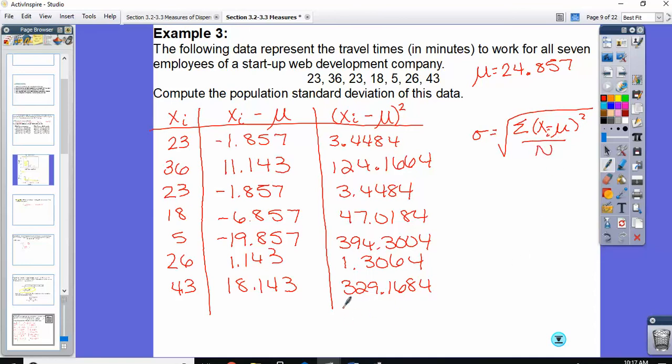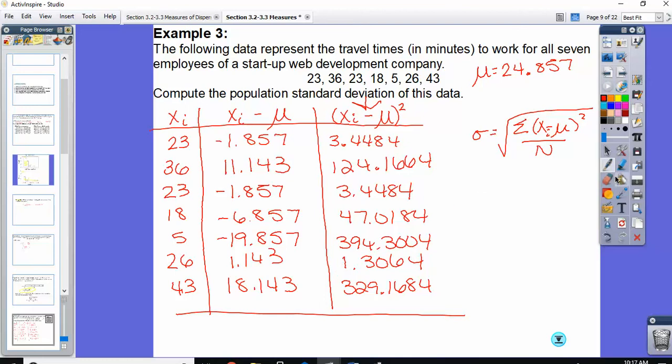So I need to add up my final column here. So adding these numbers. You guys can do it too and double check me. What did you say was the sum?